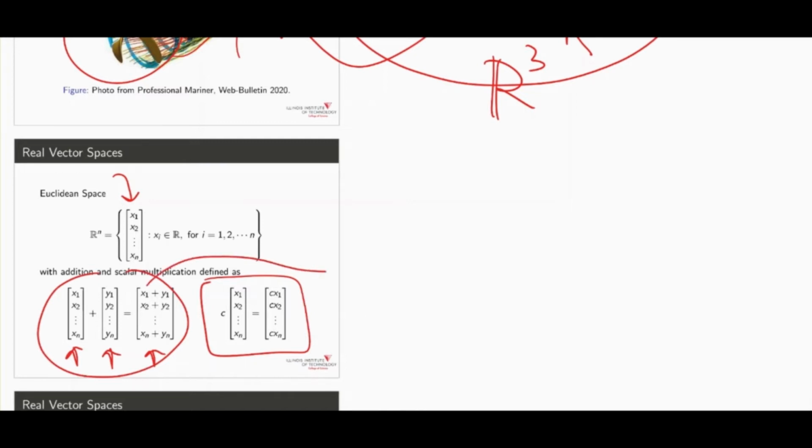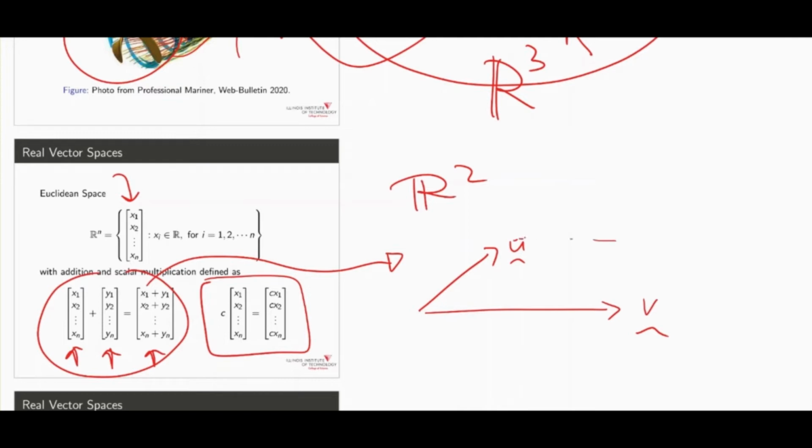So this translates to, let's say in R2, you have a vector u, and then you have another vector v. Okay, so the way you add vectors in physics is that u is still here, but you can move v because, as I said, these are equivalent vectors. They still have the same magnitude and still point in the same direction. So instead of this v, we can move it over here.